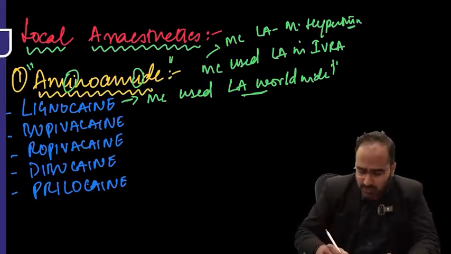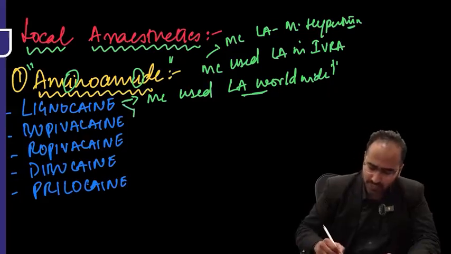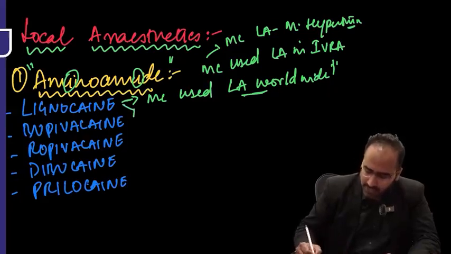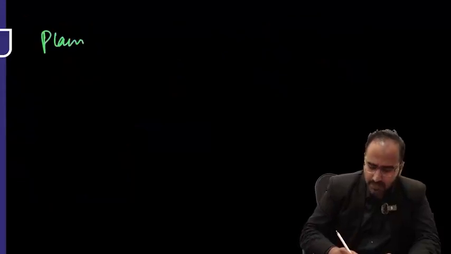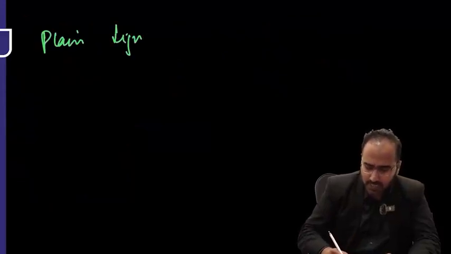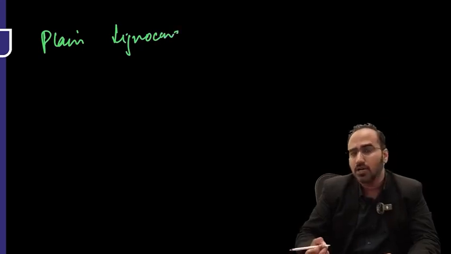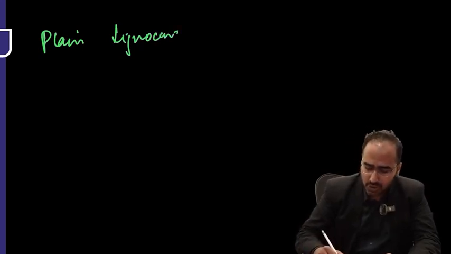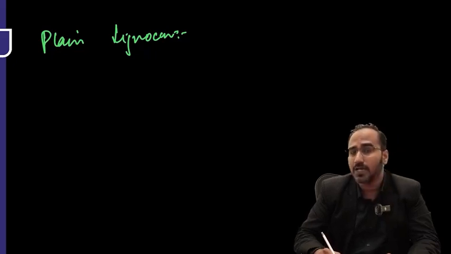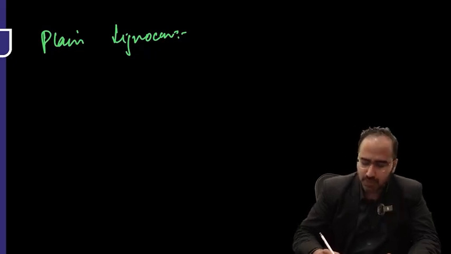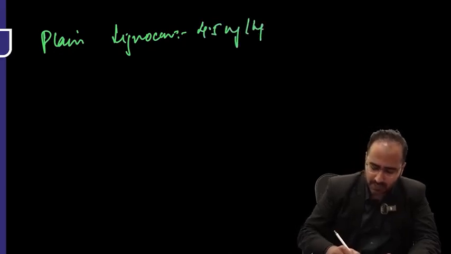Apart from that, you also need to remember the dose of lignocaine, guys. If you are giving plain lignocaine, what should be the dose? It should be given in a dose of 4.5 mg per kg body weight.